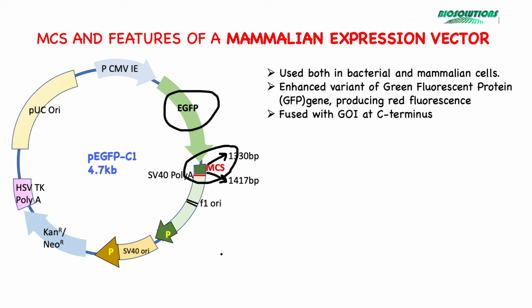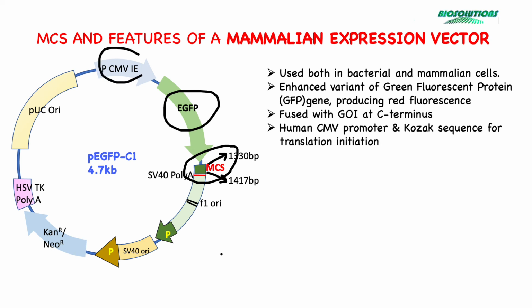Since this vector expresses the GOI in the mammalian cell, it has a Kozak sequence or translational initiation site to increase the translational efficiency, along with the strong human cytomegalovirus or CMV promoter and enhancer sequence.